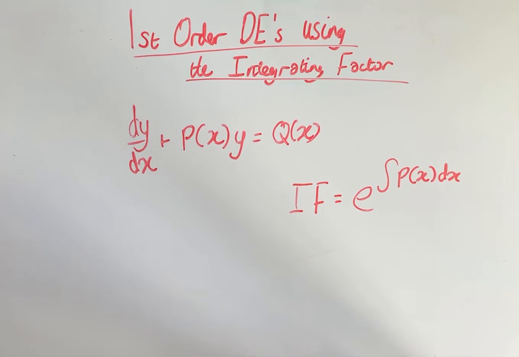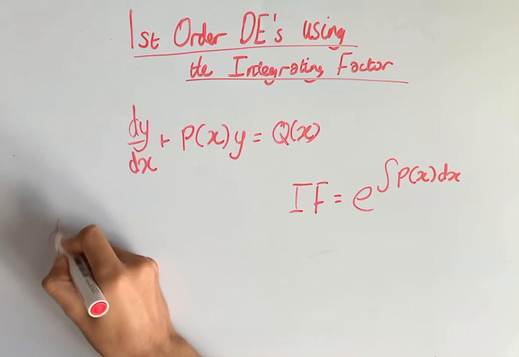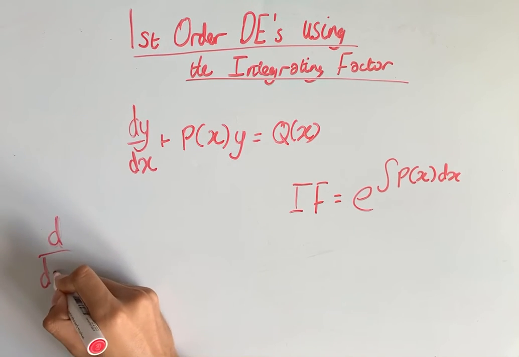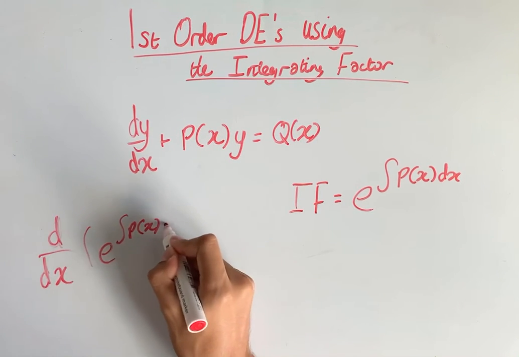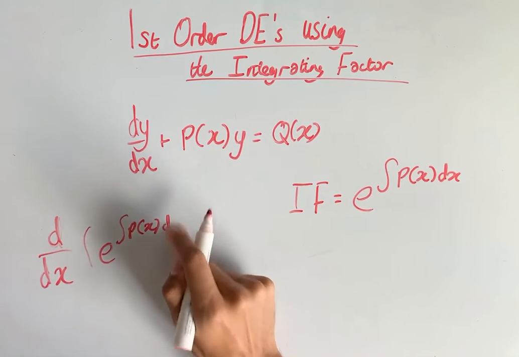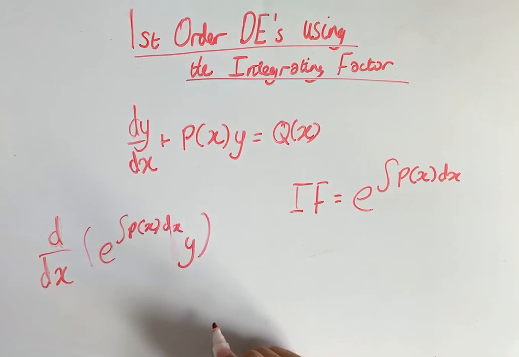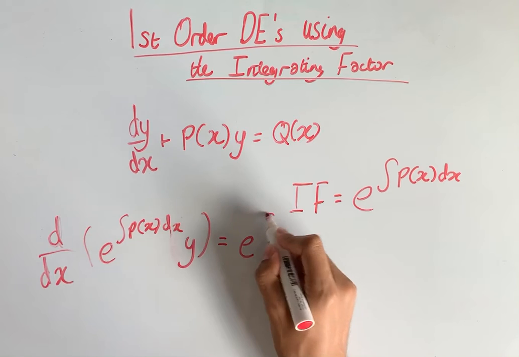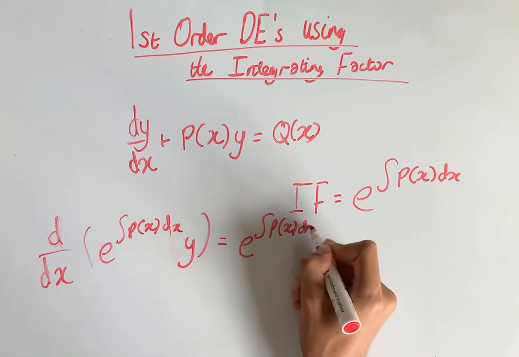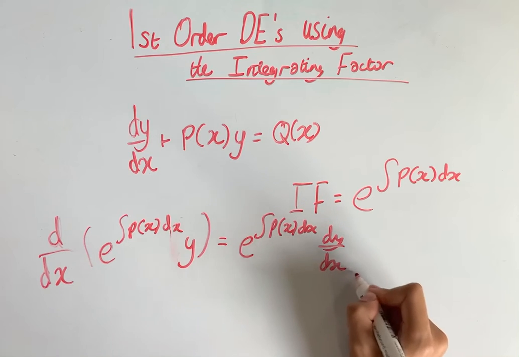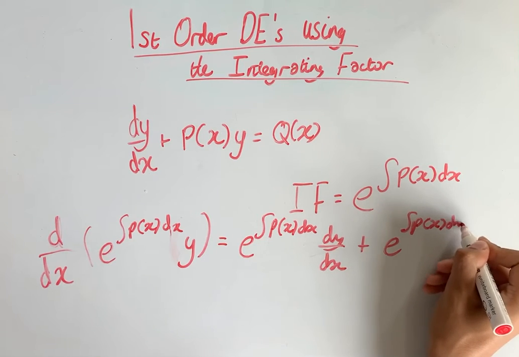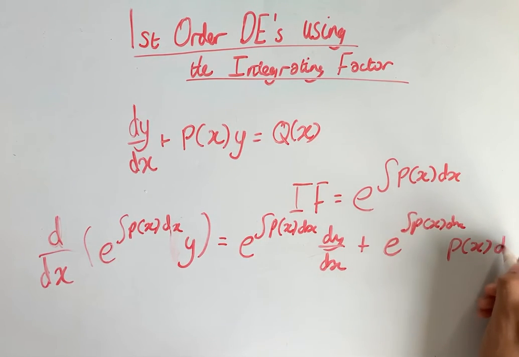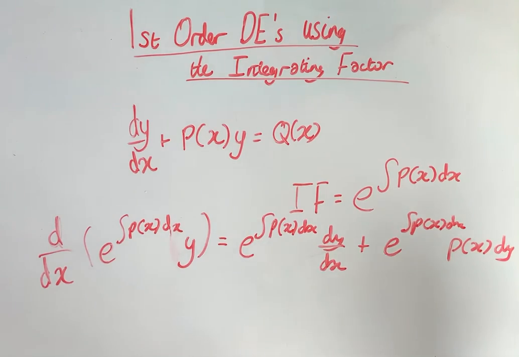We use this because of an interesting fact: when you have a function e to the integral of p(x) dx, also known as the integrating factor, multiplied by y, and differentiate it using the product rule, we find the answer to be e to the integral of p(x) dx times dy/dx plus e to the integral of p(x) dx multiplied by p(x) y. Sorry, not dy, just y.